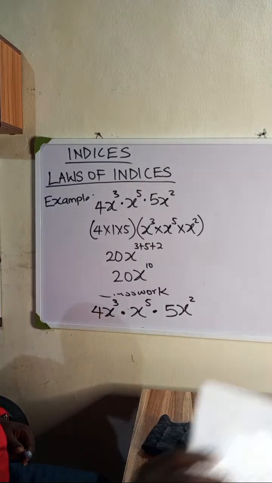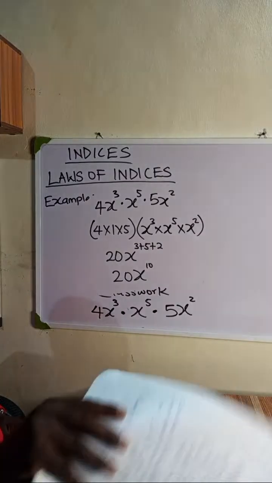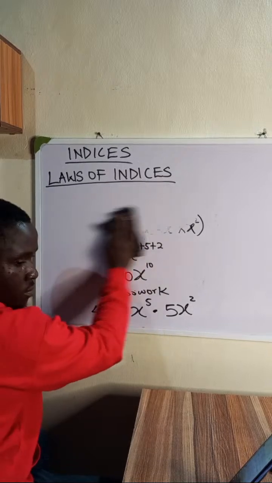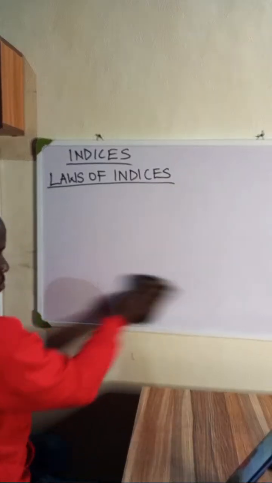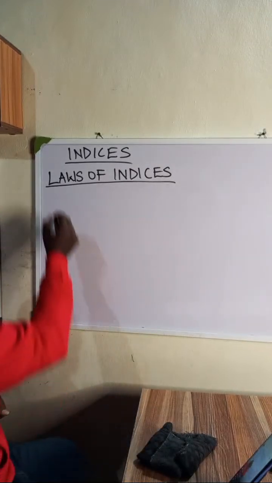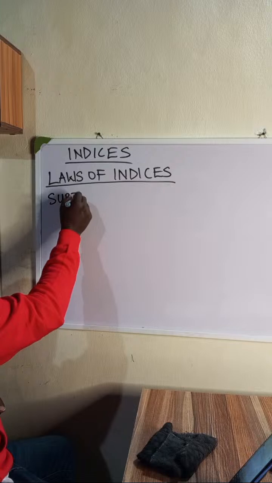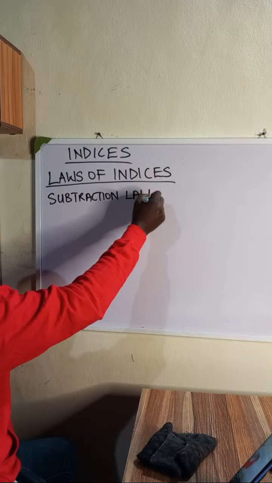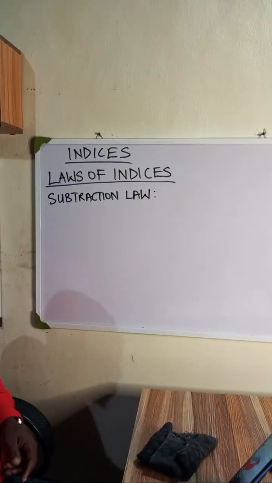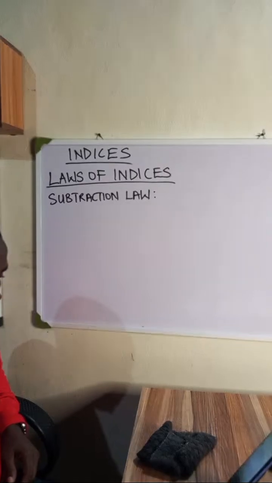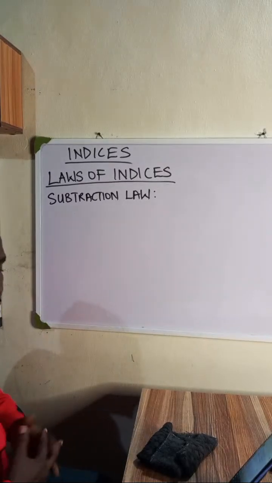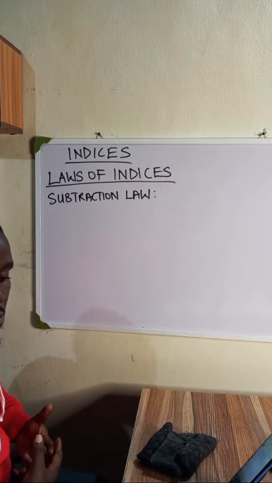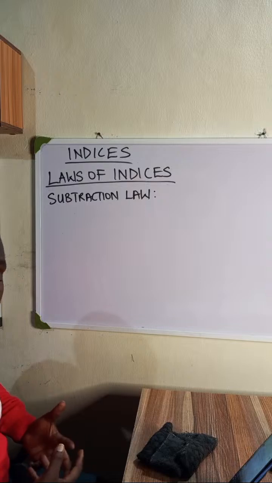Let's look at subtraction law. So we've seen addition law. Let's look at subtraction law. We've seen how to solve questions on indices when it involves multiplication of the bases or multiplication of the indices.